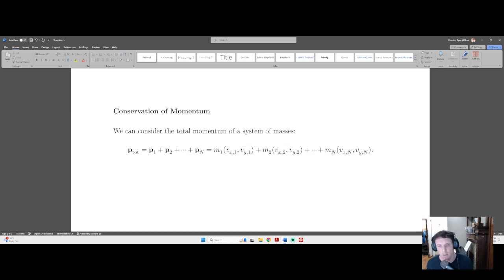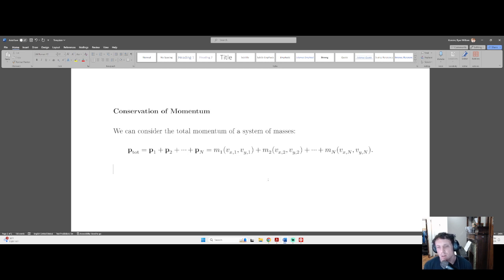This is what it will actually look like when you're trying to calculate the total momentum of a system of masses. It's almost kind of tedious, because you just have to write each mass times its velocity vector, but it is a useful quantity, as I said. So that's the total momentum of a system of masses.